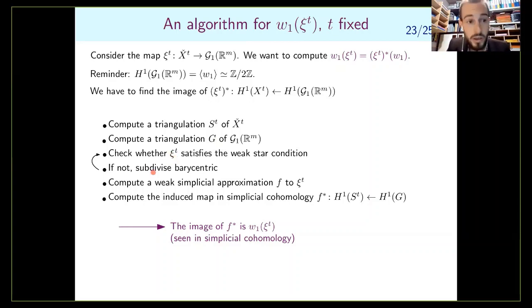When it does, you compute a weak simplicial approximation, and then you take the image of the class w1 in the Grassmannian to obtain your persistent Stiefel-Whitney class. This is for computing the persistent Stiefel-Whitney class at time t.